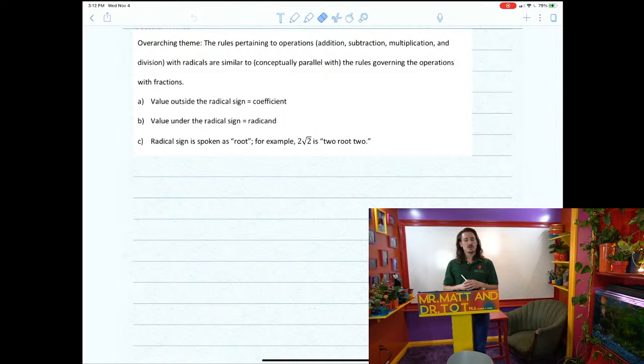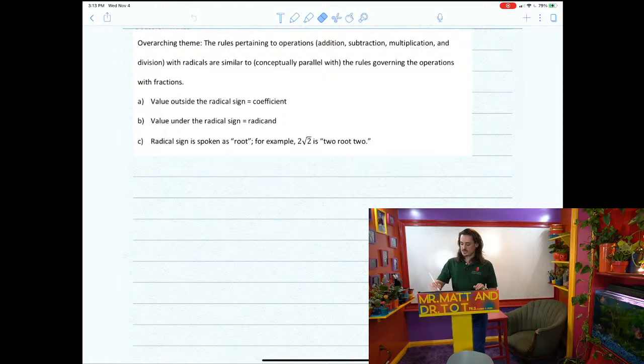When we add or subtract radicals, we have to have common radicands. The radicand is the value underneath the radical sign, and it doesn't have to be a number. The radical sign is the little check mark. It looks like the long-hand division sign, but has a little arm. And the value outside of the radical is called the coefficient.